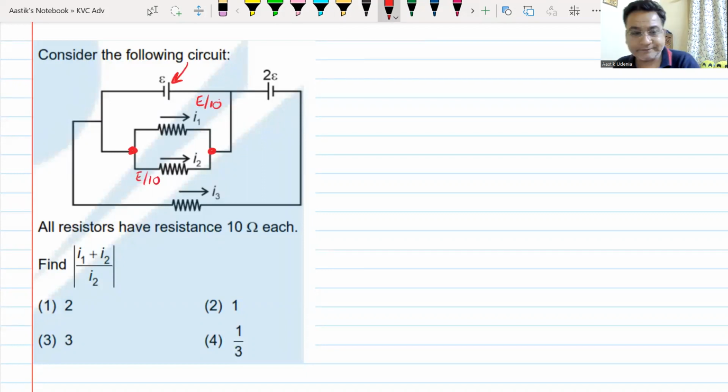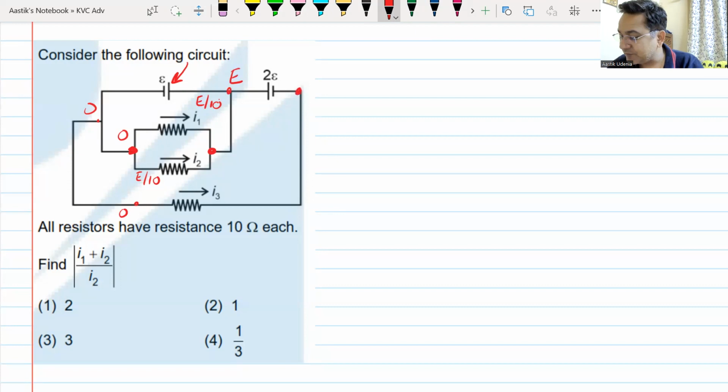I1 and I2 are E by 10. If you call this point as potential 0, this point also is at potential 0. This point has potential E because of this battery.